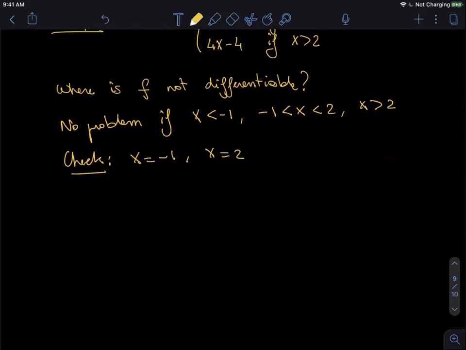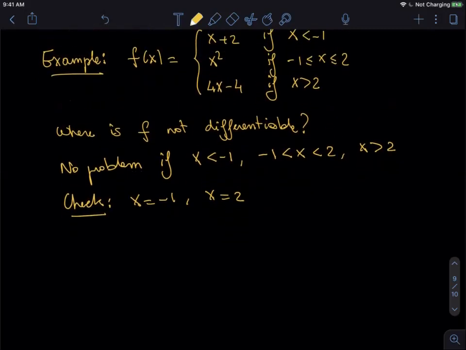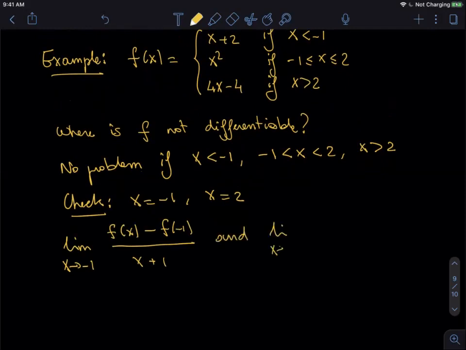So we need to find the lateral limits, or if you want, we need to find that the limit as x tends to -1, f of x minus f of -1 divided by x minus -1, x plus 1, and the limit as x tends to 2, f of x minus f of 2 divided by x minus 2, these two exist.